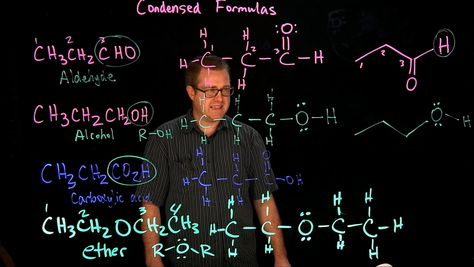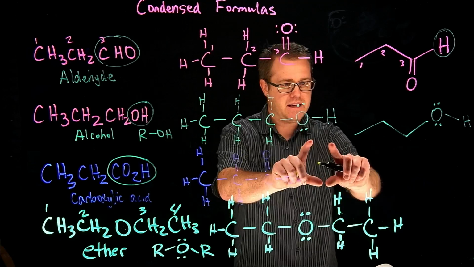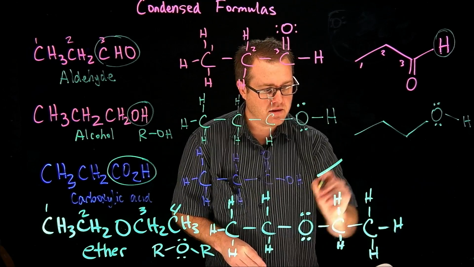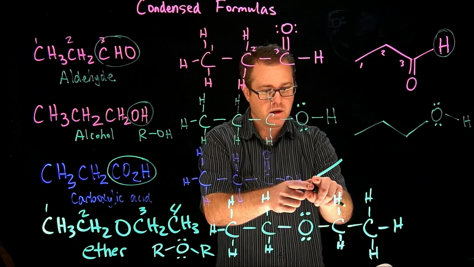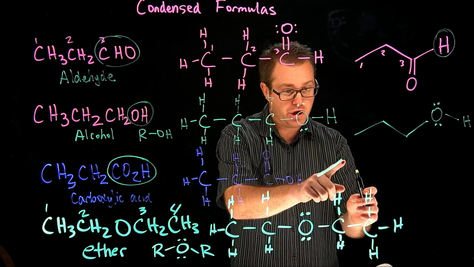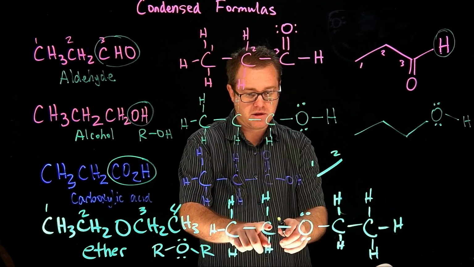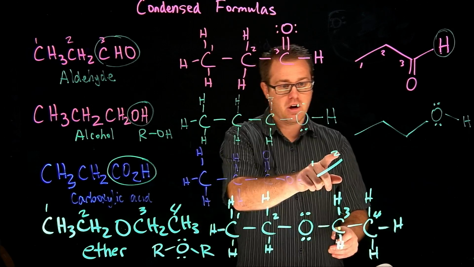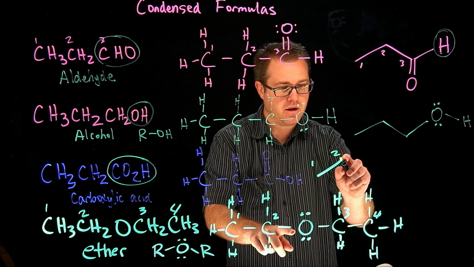Now how would we do the zigzag? Let's squeeze it in right here. There's 2 carbons, so that's just a line. That's carbon 1, carbon 2. But we're drawing a zigzag. Carbon 2, this guy, that's carbon 2, that's carbon 1, carbon 3, carbon 4. Carbon 2 is directly bonded to an oxygen atom.